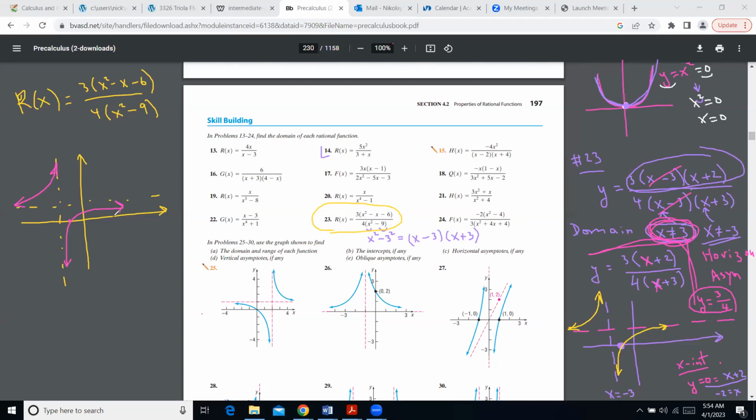So actually, at the point 3, I must have a hole on my graph. The reason is that, remember, 3 is out of the domain. In the picture that I have on the right, we had only -3 as a problem point because of the asymptote. But +3 is also an issue.